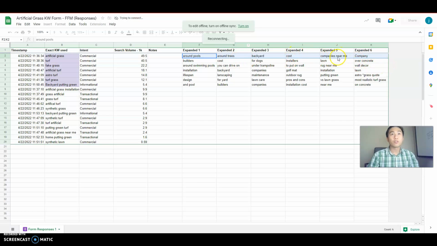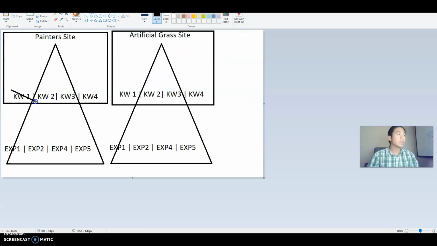You don't have to forcibly use near me terms, but just be aware of them. You can write that within the content, but don't make it too obvious. So what I mean is, you're going to have service page 1, service page 2, and obviously the expanded keywords are different for each one of them.